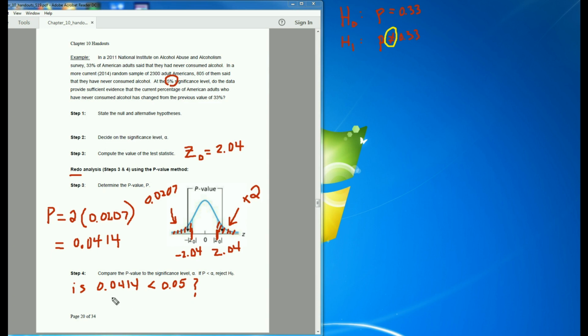Well, yes, 0.04 something is less than 0.05. So then we reject the null hypothesis. And of course, that's exactly the same conclusion that we had previously.